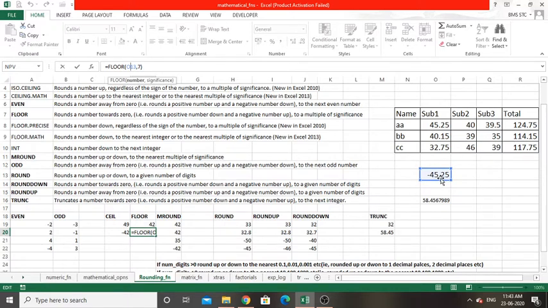Since it considers the lesser number, it will consider negative 46. Negative 45 is not a multiple of 7, so it will check the next number, which is minus 46. Is 46 a multiple of 7? No.